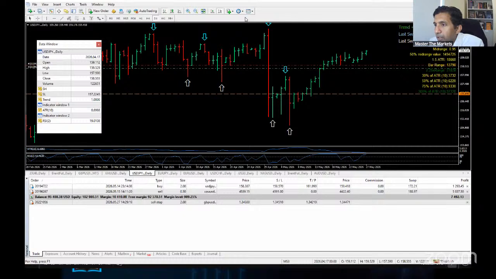We can do a buy stop here at 159.46, and we can set 159.28, and then the target profit 159.53 place. Good. So I've got that all placed here. That's what we got over here.